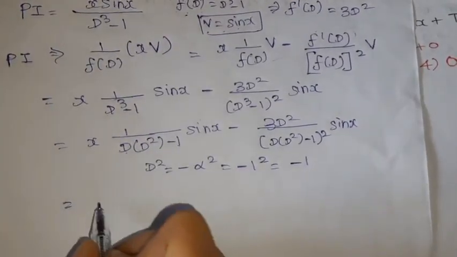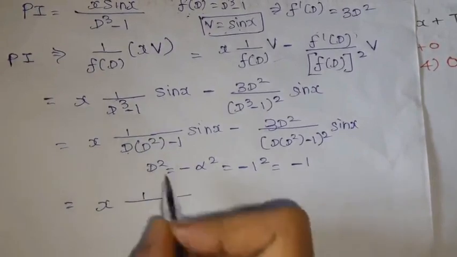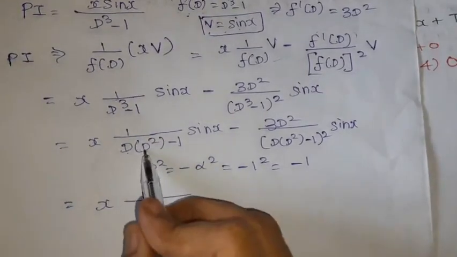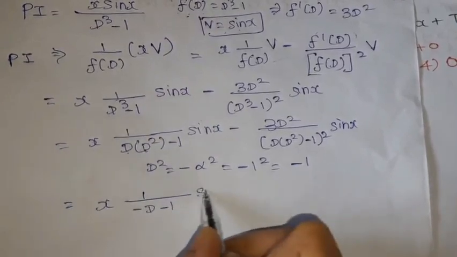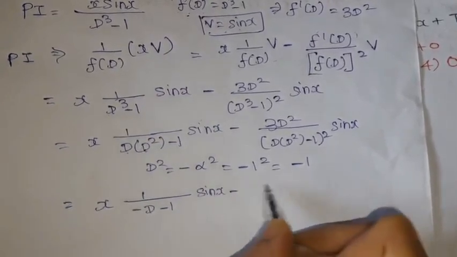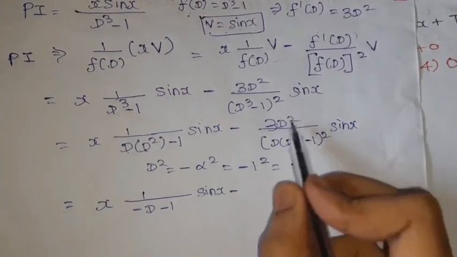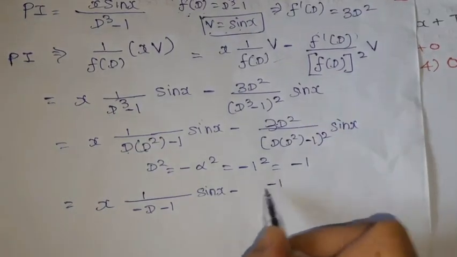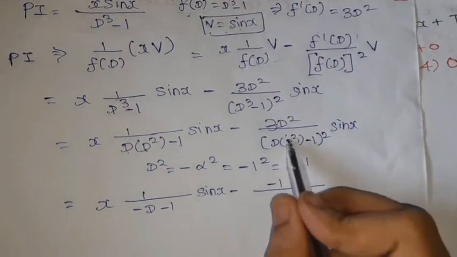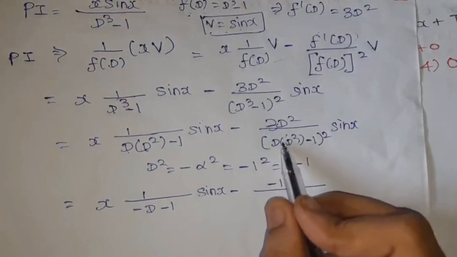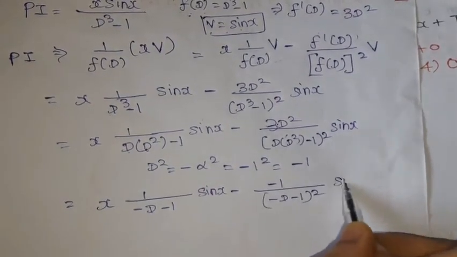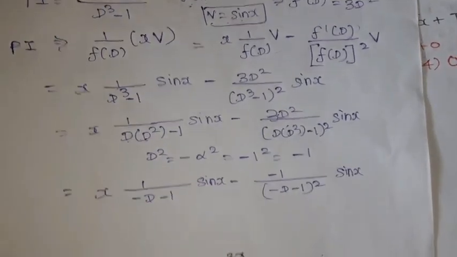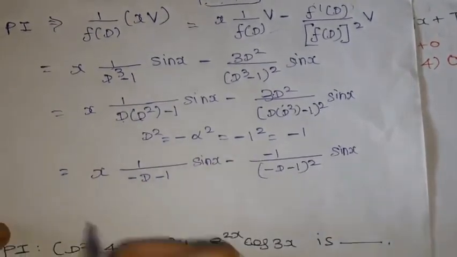In place of D squared we are going to substitute minus 1. So D into minus 1 minus D minus 1 into sin x. Again in the numerator also, 3 into minus 1, and here minus D minus 1 the whole square into sin x. So the numerator part is minus 3.